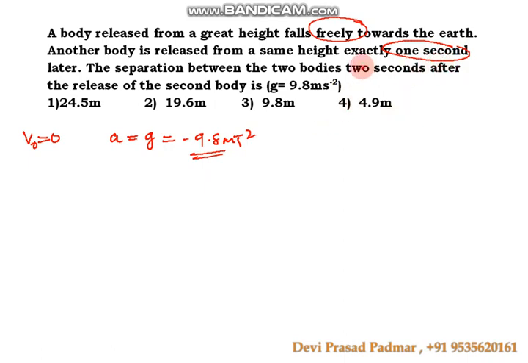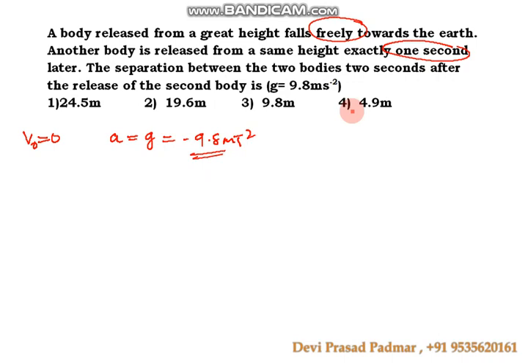First body is released 1 second before the release of second body. So if second body has time of fall 2 seconds, then the time of fall of first body will be 3 seconds, because that is released 1 second before.